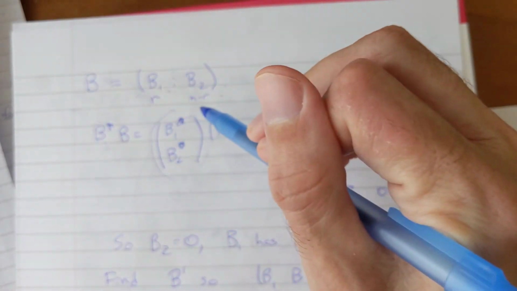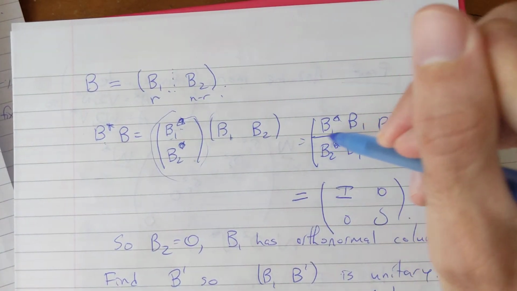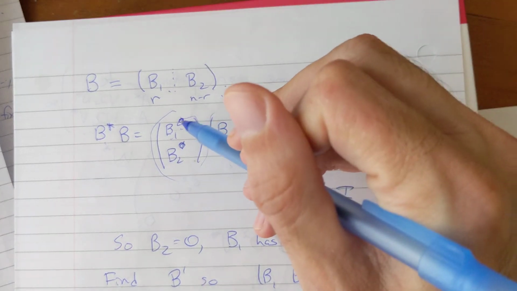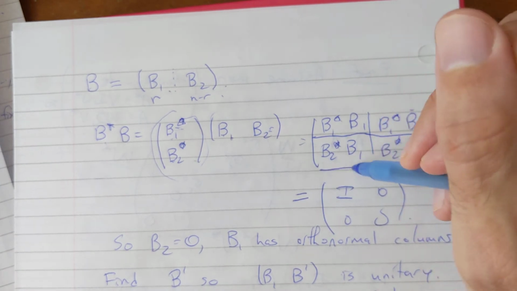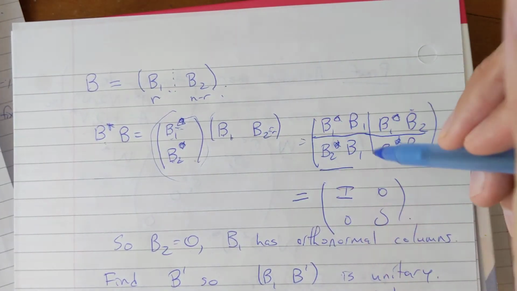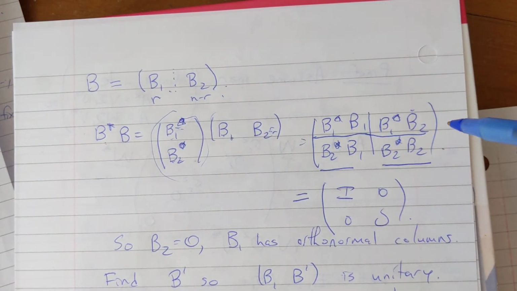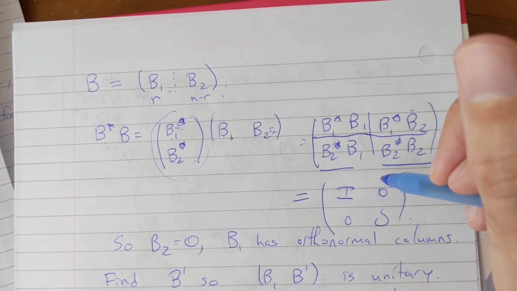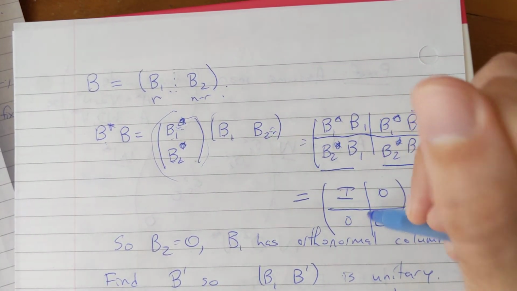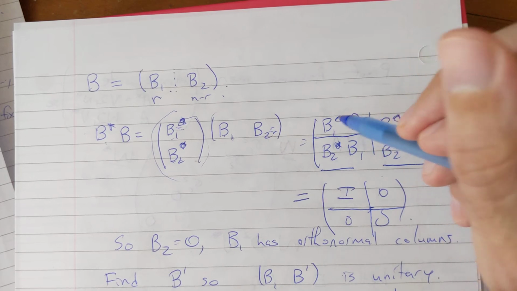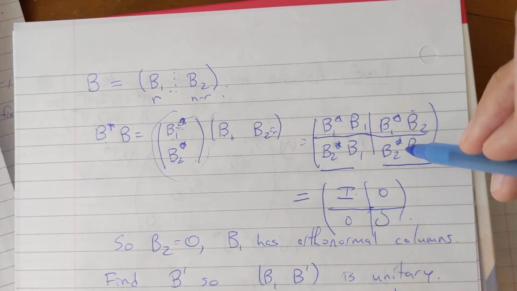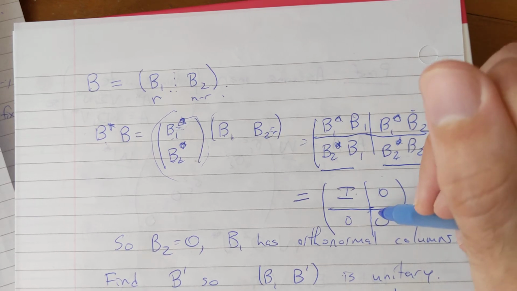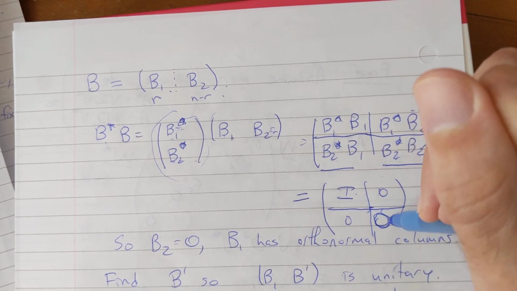So we do B1 star B1, then B1 star B2 goes here, B2 star B1 goes here, and B2 star B2 goes here. But B star B has this form. So that tells us that B1 star B1 equals the identity matrix, and B2 star B2 is the 0 matrix.